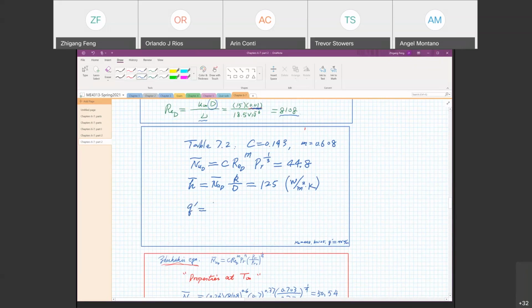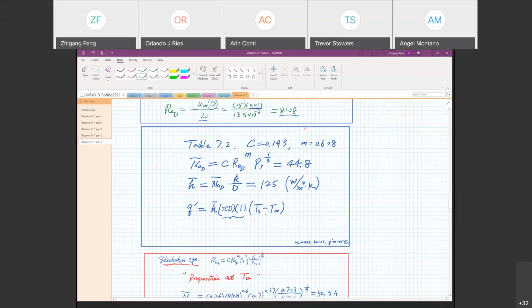You can think of it this way: Q equals h multiplied by area multiplied by delta T. So h is the h we have found. The area is per unit length, so the area has to be the side surface area, pi D multiplied by L, but L is equal to 1 because we need a unit length. Multiply by delta T, which is T surface minus T infinity.